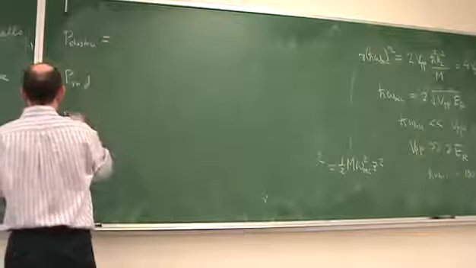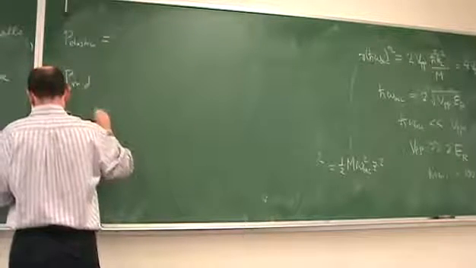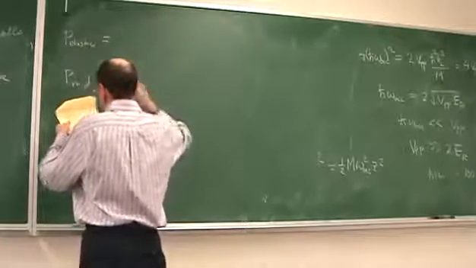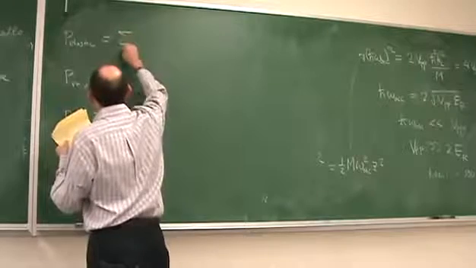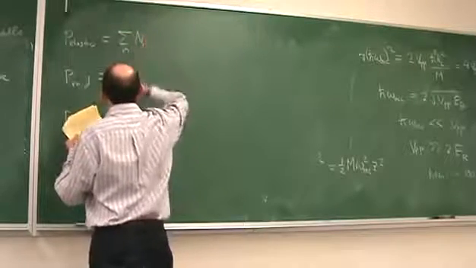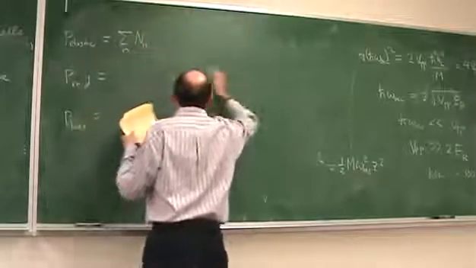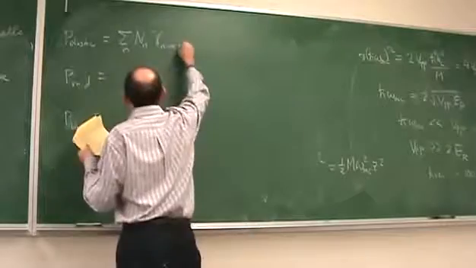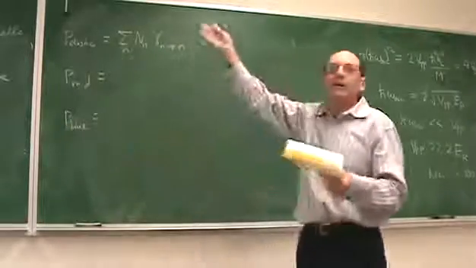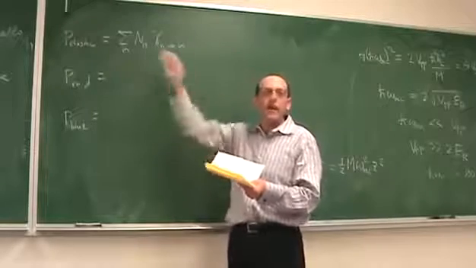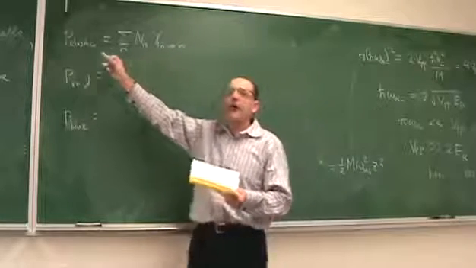We have power in the first blue sideband. And that power is going to be the sum over all the levels that are occupied, the fraction of the population that's in that level, times the rate to go back to where it started, times h bar omega. That's the power. It's the rate at which I'm scattering back to where I started.